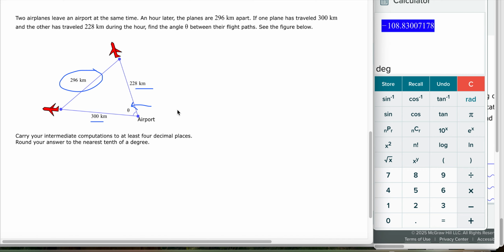So basically 200 sine C is equal to 100 times sine of 49 degrees. And so sine C is equal to 100 sine of 49 degrees divided by 200. Okay, so let's start with that.